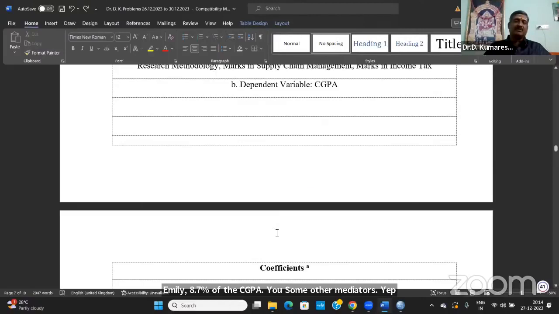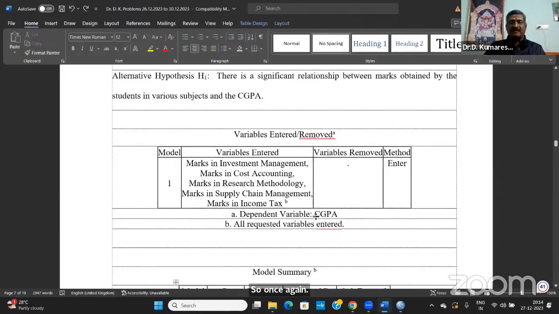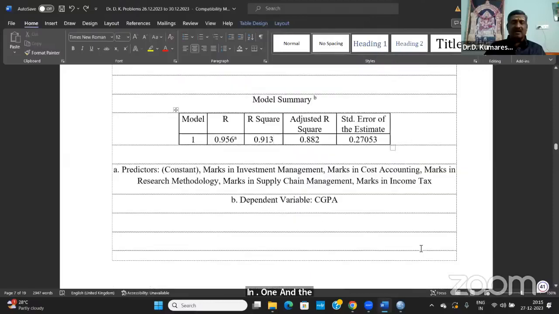So once again, to repeat: enter method, all the variables are entered, dependent variable CGPA. The model summary says the correlation coefficient is 0.956 and the coefficient of determination is 0.913.